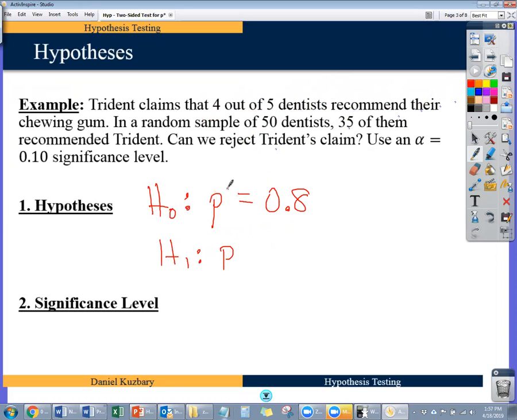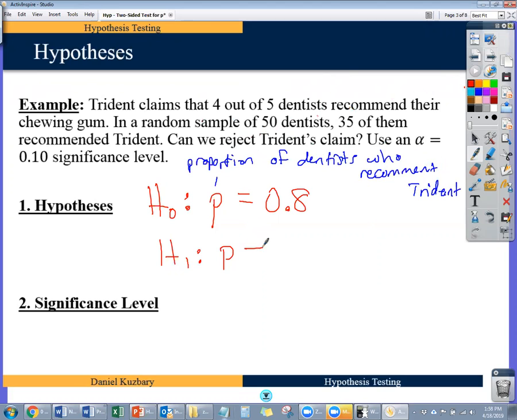Maybe this is worth defining: this is the true proportion of dentists who recommend Trident, the population proportion. And the question is, is this claim true?